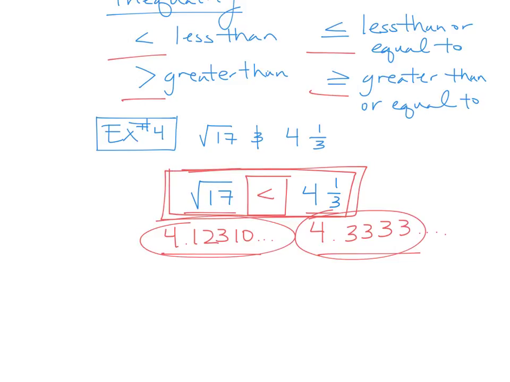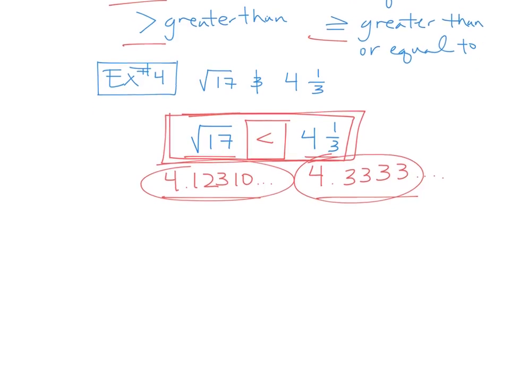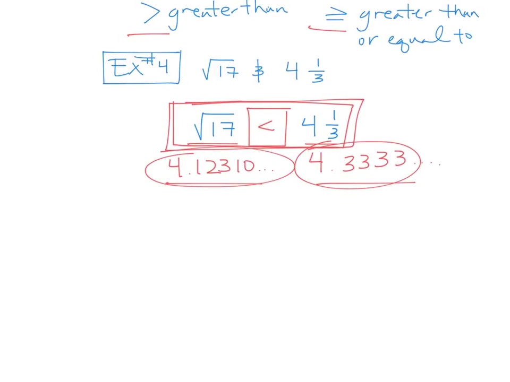Okay? So what would it be if I gave you, now this one gets a little bit trickier, because there's negatives involved. The negative square root of 5 and negative 2.23. What symbol would you put between them?